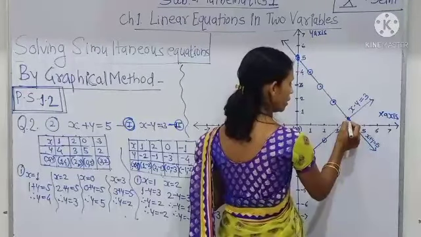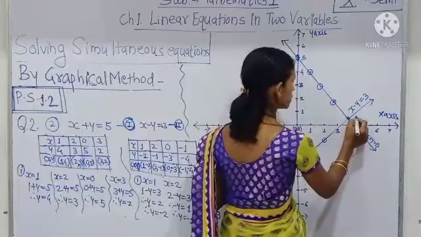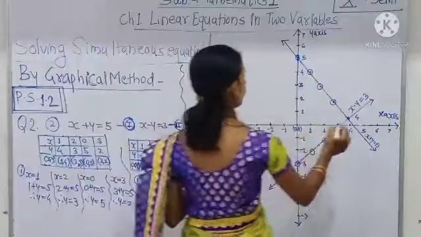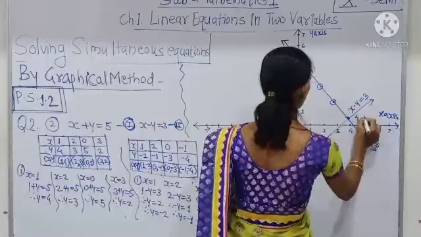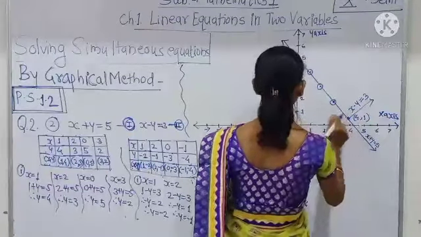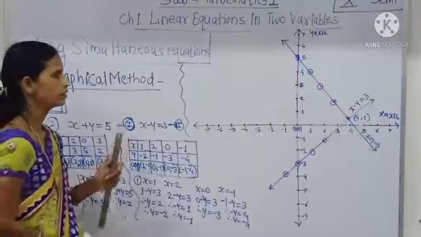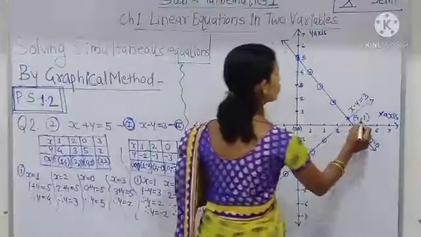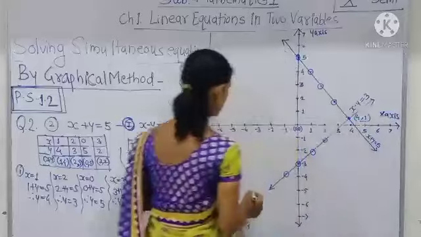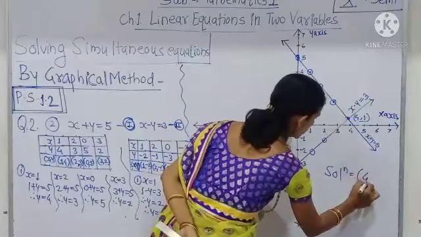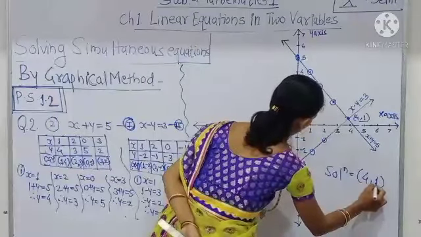See here, the x coordinate for that intersection point is 4 and 1 is the y coordinate for that point. Then see here, (4, 1) is the solution of the given simultaneous equations.